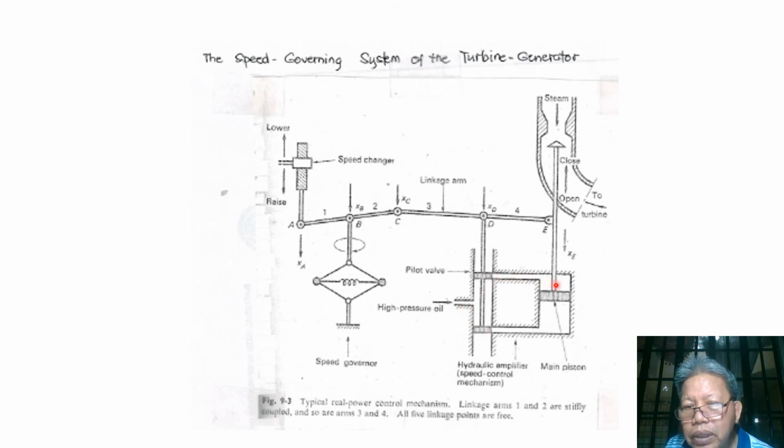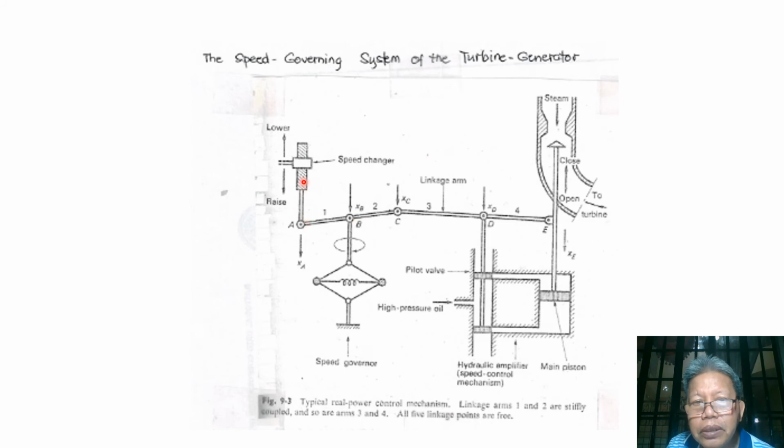It will push the main piston down, causing the piston rod to move down, thus opening our steam valve.